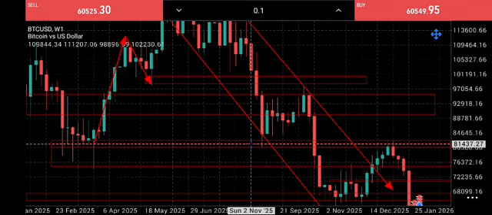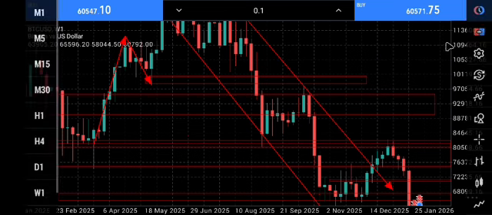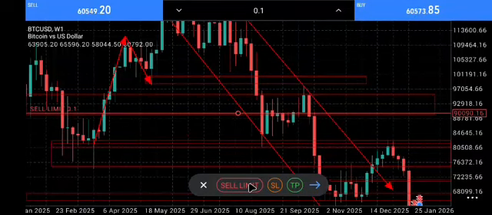My sell limit will be at 81,434.27. So I'll just come to this circle, click it, then click this arrow.